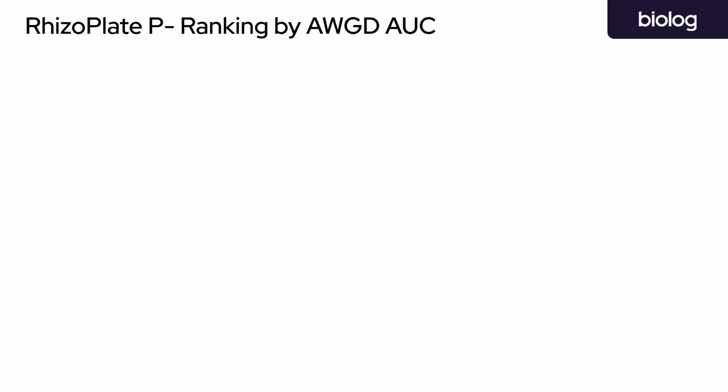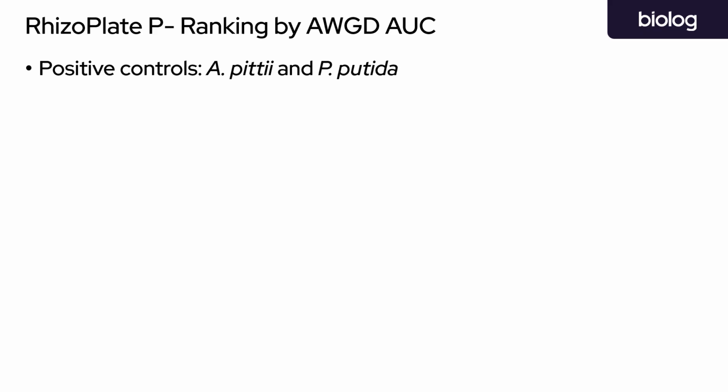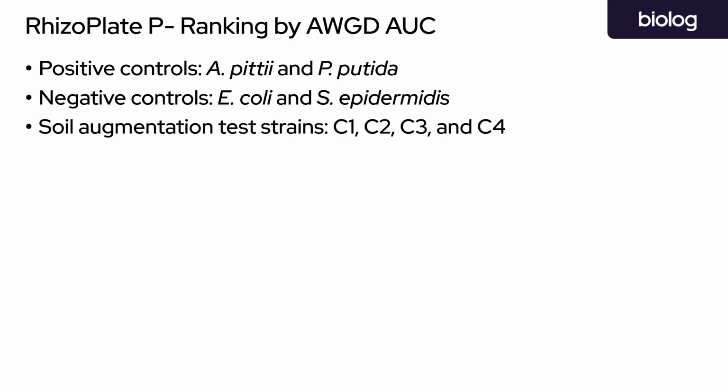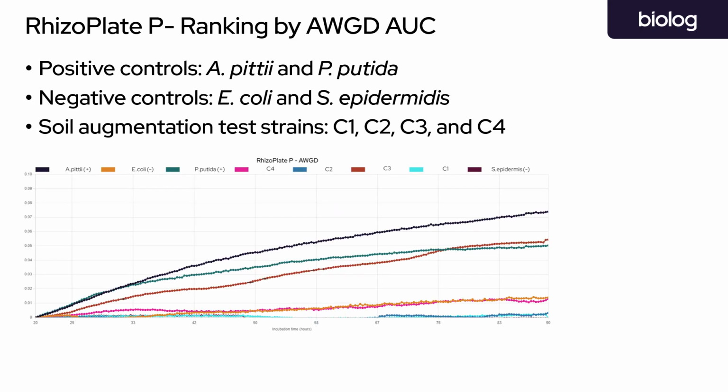Now let's take a look at phosphate solubilization on rhizoplate P. We again used two rhizosphere positive controls, but this time A. piti and P. petita, known to solubilize inorganic phosphate, and we used those same negative controls and test strains as well. When we plot the average well growth development, we can see that A. piti was the top performer, here shown in black, followed by candidate C3 and P. petita in third.